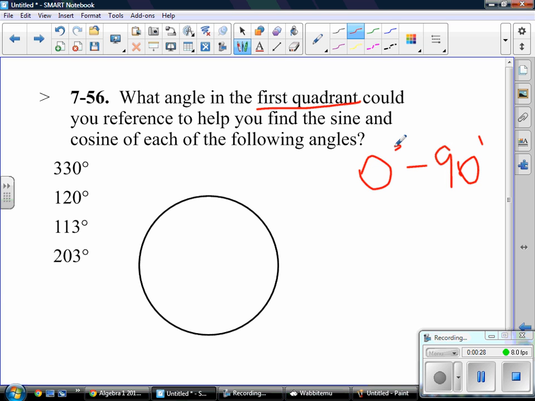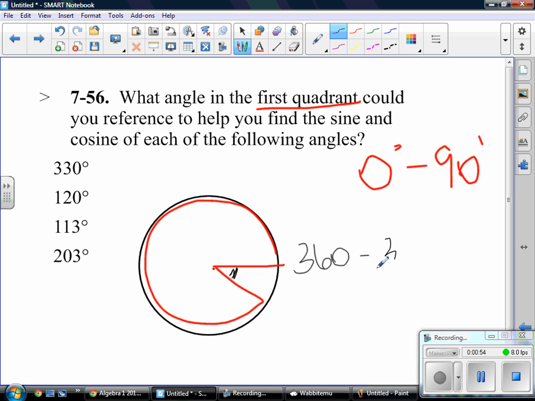So let's first draw for part A. We're always going to start with our horizontal line from the center over to the right. And 330 is all the way around here, except a little bit less. So stop there. So I know that's 330. What I really want to know is how much is this angle right here. If I went all the way around, it would be 360, and I'm going to take away how far I went around.